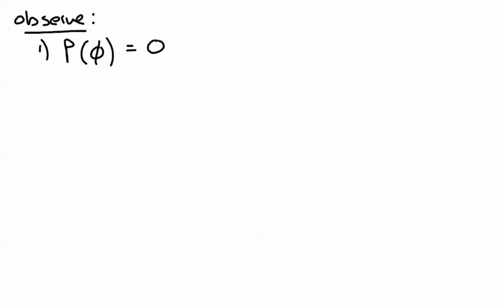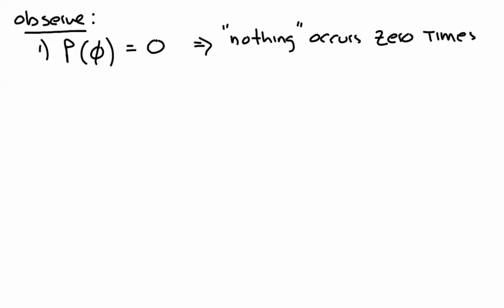The reason being that exactly nothing occurs 0 times out of n trials, and this is true independent of the size of n.